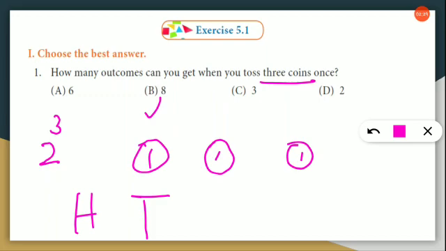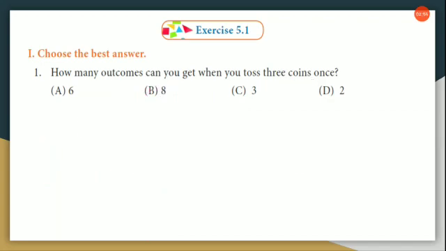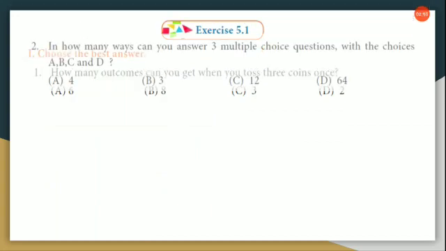The base will always be the number of chances and the power value will be the number of coins or whatever you are going to find the answer for. Okay. Now 2 cube is 2 into 2 into 2 will give you 2 2s are 4 and 4 2s are 8. So the answer is option B, 8. Clear?